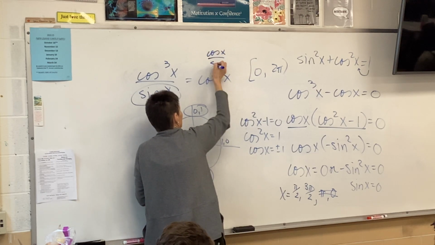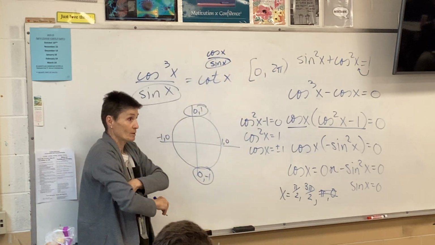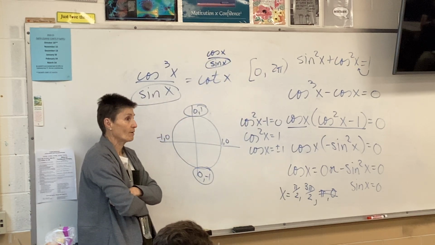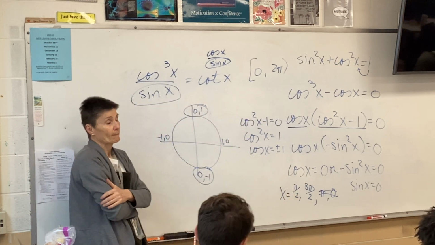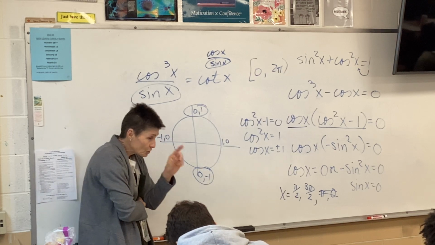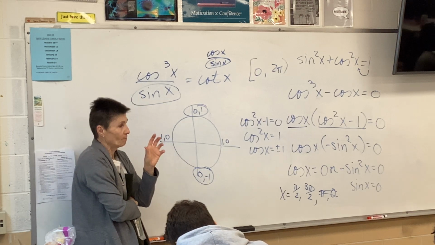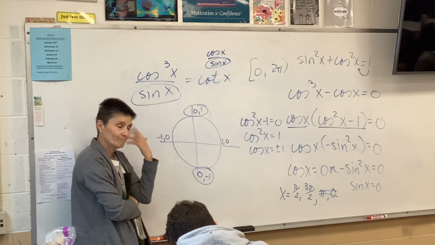It's cosine over sine. We already took care of it. It's undefined where the sine is 0. We already took care of that one. So the answers to the question are right here. The algebra of the problem is super simple. And the trig isn't bad, there's just so much you have to remember.